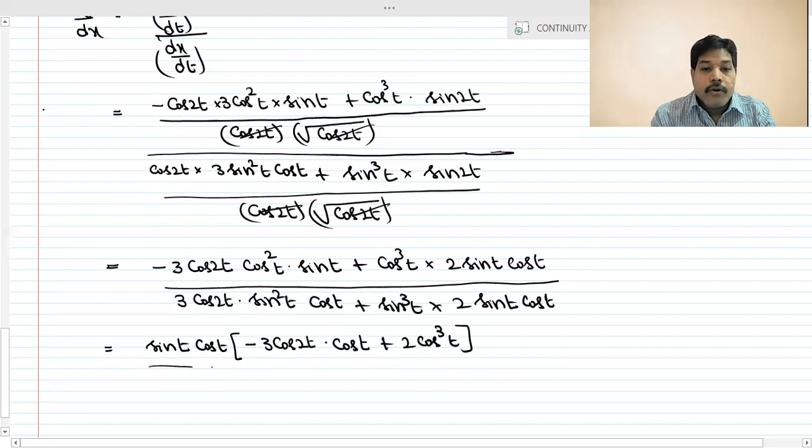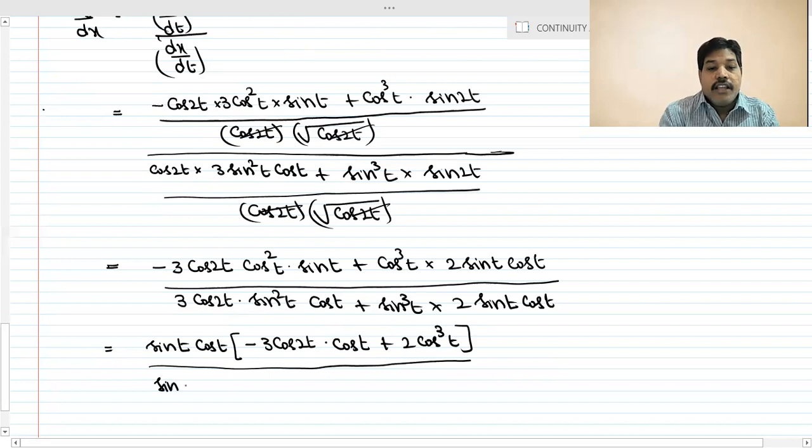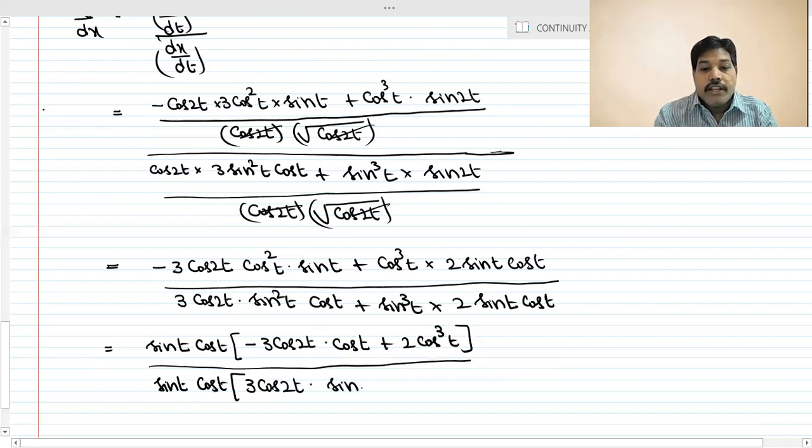Whole by, in the denominator also I will take sin t and cos t as common. So you will get 3 cos 2t into sin t plus 2 sin cube t.